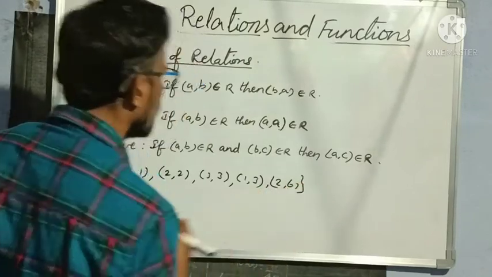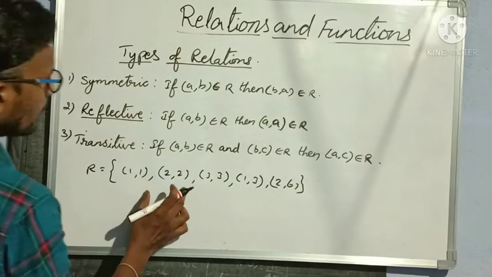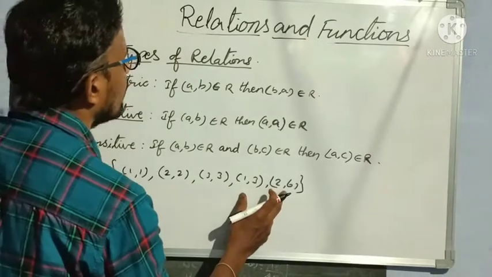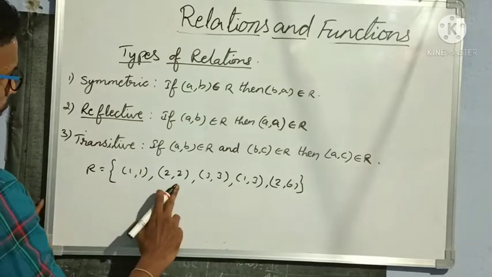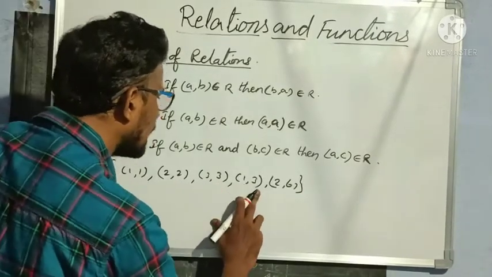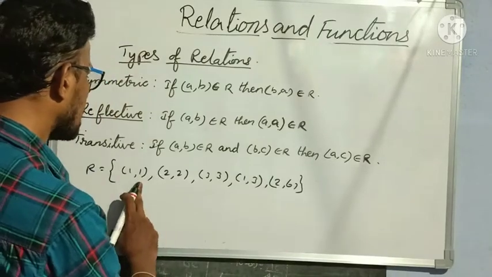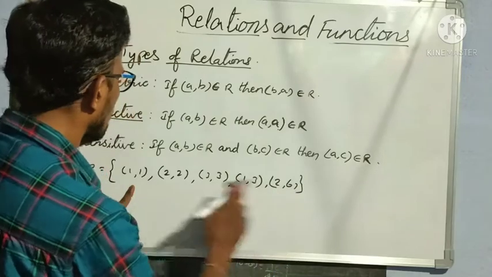Okay, this is my relation. Let me see whether all the elements have the same images or not. (1, 1) means same image, (2, 2) is same image, (3, 3) is same image. But (1, 3) means (1, 1) is also there. Yes, same image. If I take (2, 6), here also (2, 2) is there.